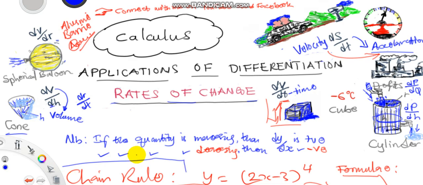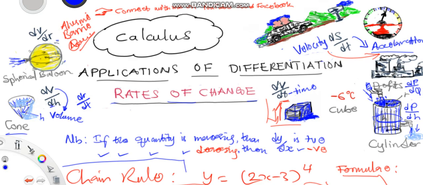So this question says a spherical bubble, imagine soap bubbles, okay? A spherical bubble is decreasing in volume at a rate of 2 centimeter cubed per second. Here we have a balloon, but imagine there is a hole in the balloon and it's decreasing in volume.